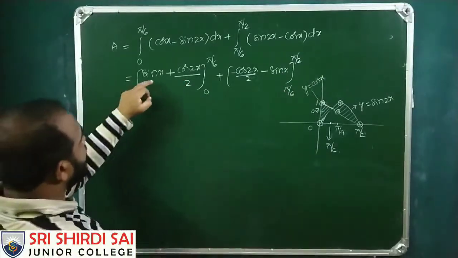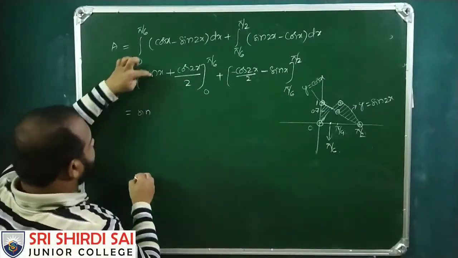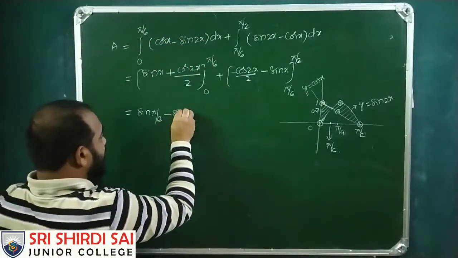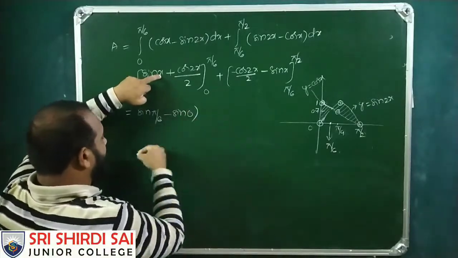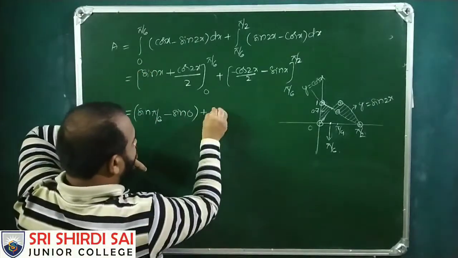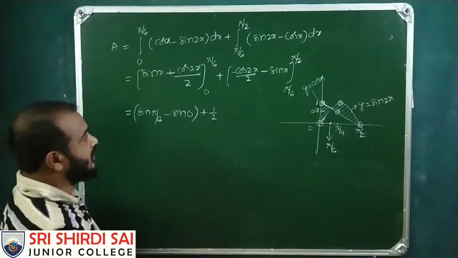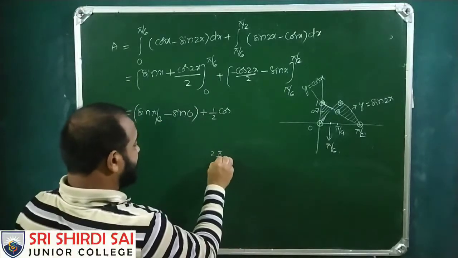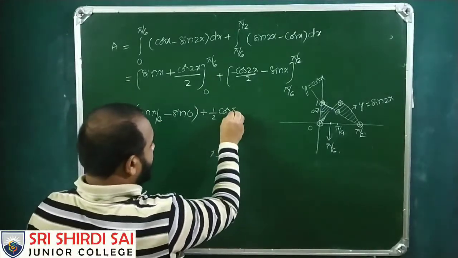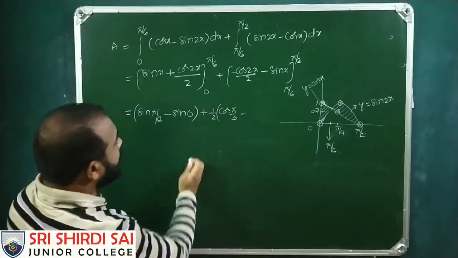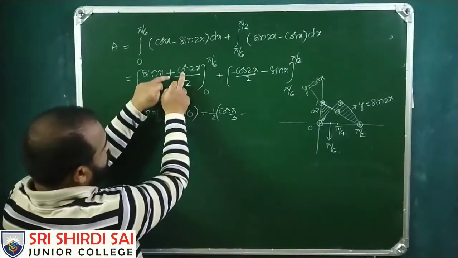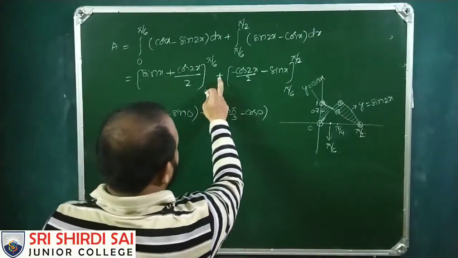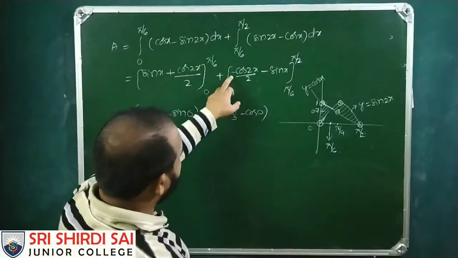Now listen. Sin in the place of x, upper limit pi by 6, minus sin in the place of x, lower limit 0, plus 1 by 2, I am separating from the process of integration. So cos 2 into pi by 6, that is pi by 3, minus lower limit cos 2 into 0, so cos 0. So here in both of them take minus in common.